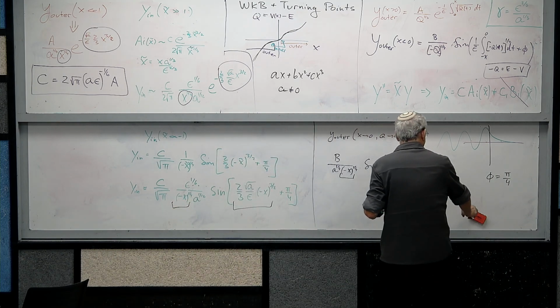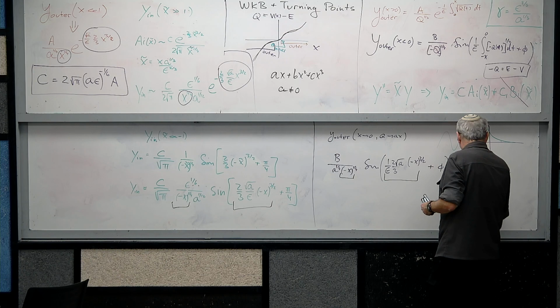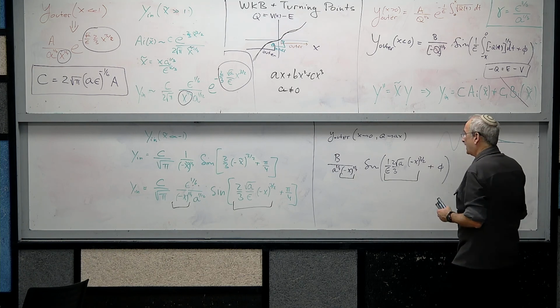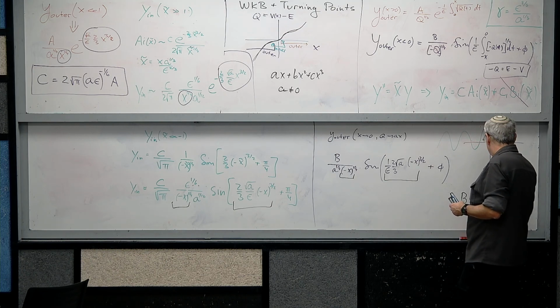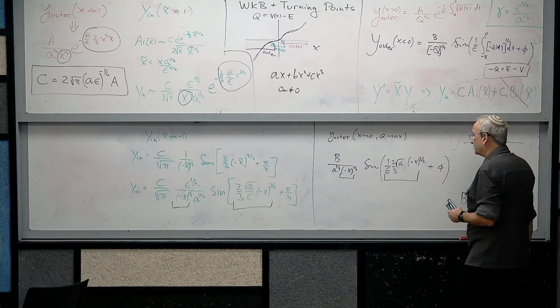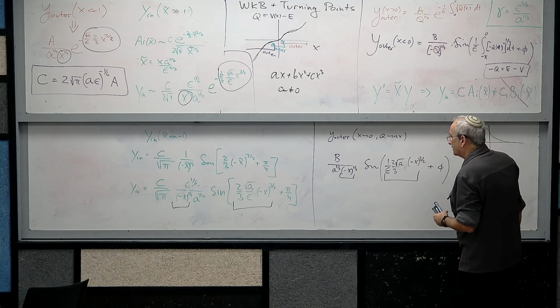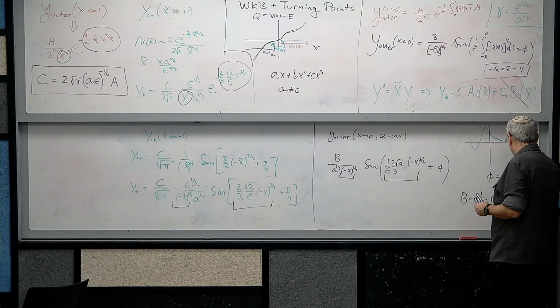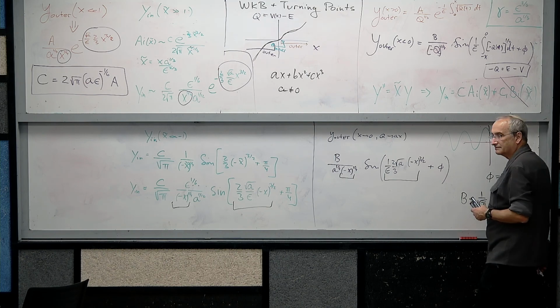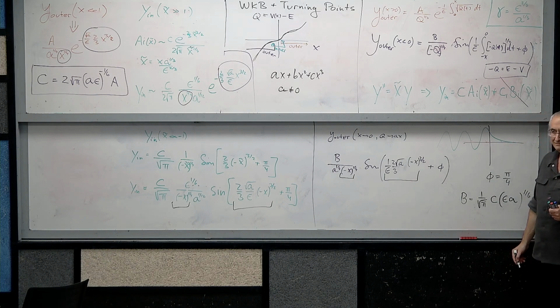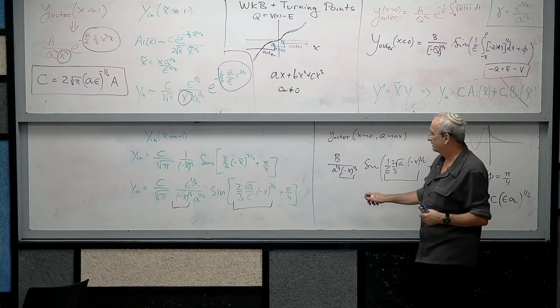So the other thing I have discovered is that B is what? Is 1 over square root of pi times c, 1 over a, times epsilon a to the power of 1/6, by matching this with that.